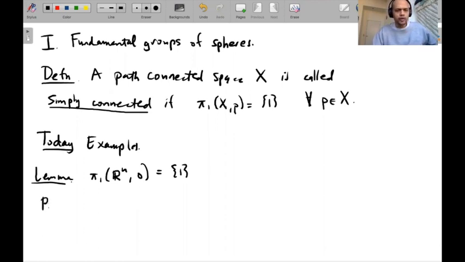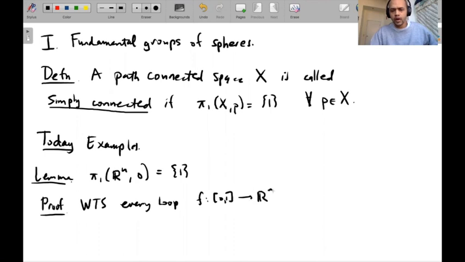Right, so proof. We've basically seen this proof before. The short answer is straight line homotopy. What we want to do is show every loop f in Rn based at 0 is null homotopic. Homotopic to a constant, that is. Here's the proof.